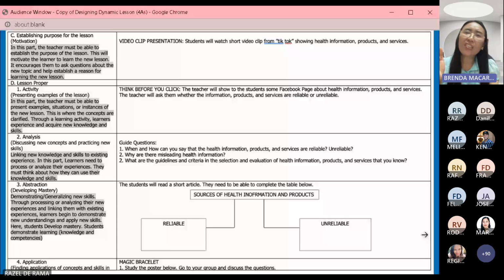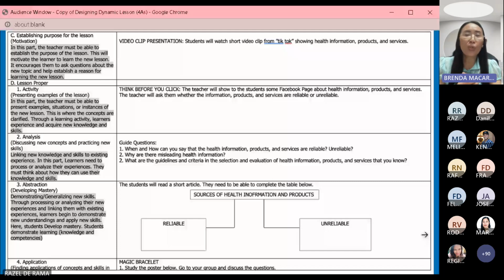So, ask the students, what is the lesson all about? Why do they need to know about this? Okay? So, with the use of their given answers, of course, you teachers will establish now the purpose of the lesson. So, pinakita mo yon, and then you're going to ask the students, what do they think the lesson is all about?